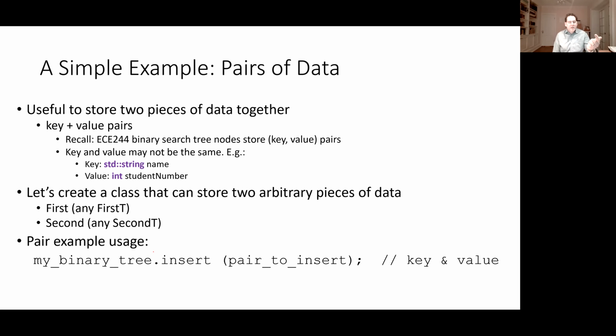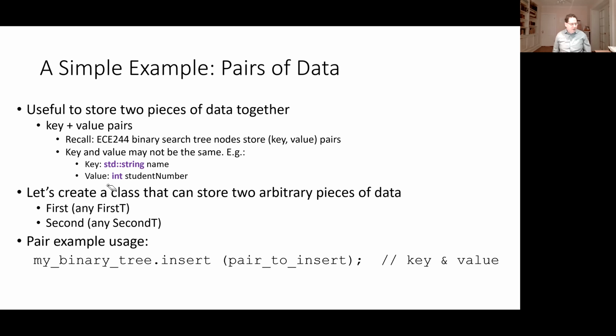So for example, we could have a key that is of type standard string as the name, and we could have a value, which is what you're trying to find, and that might be an integer student number. So we can make a binary search tree now where we can give student names and it can very rapidly tell us the student number. And again, what do we use to access the binary search tree? A string as the key, and the value, in this case, data we can get out of it, is an integer.